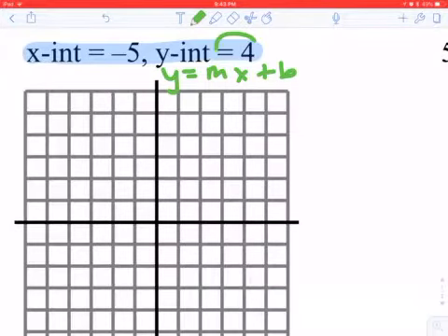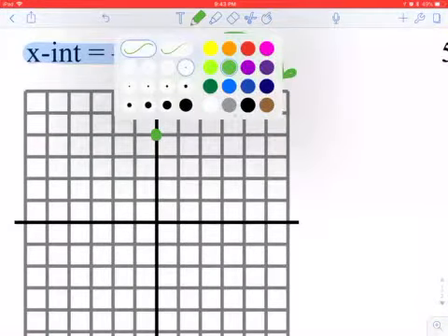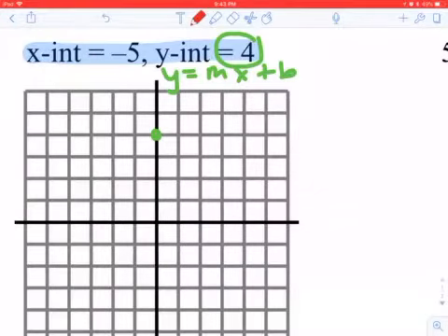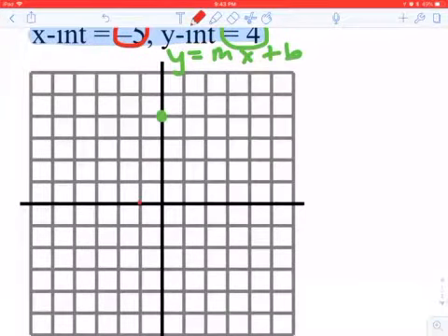Here the y-intercept is positive 4, so we go up 4: 1, 2, 3, 4, right there. That's your y-intercept. Your x-intercept is exactly the same thing. For y-intercept we go up and down, for x-intercept we go left and right. Here it's a -5, so I'm going to go 1, 2, 3, 4, 5. Put a dot there. Now we've got 2 dots.